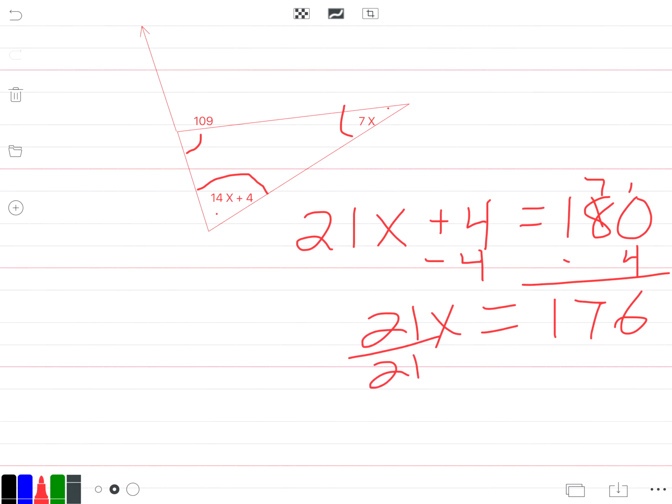If we divide by 21, x equals, 21 would go into 176, let's say if we skip count by 2, 4, 6, 8, 10, 12, 14, 16, 18, 8 times.